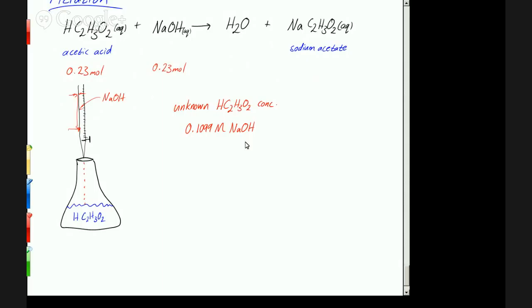Now, just like the question on the quiz, if you know exactly how much volume of a known concentration you have, you can calculate the amount of moles in that amount. So let's say that this titration, you do this, and it first turns pink when you reach, I don't know what the actual number is, but let's say it's 13.10 milliliters.